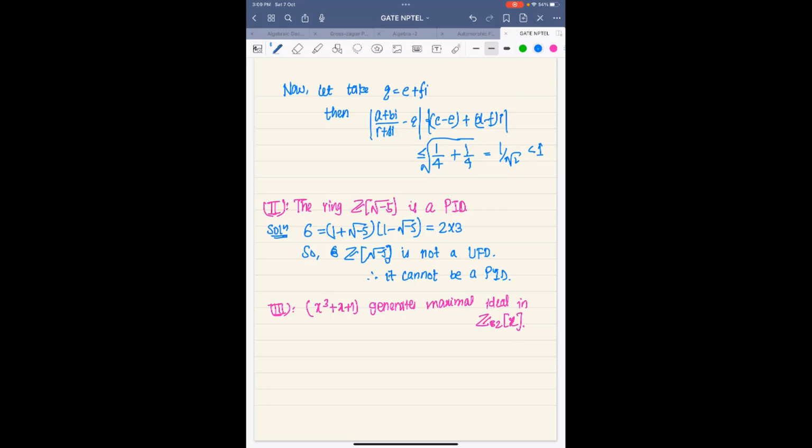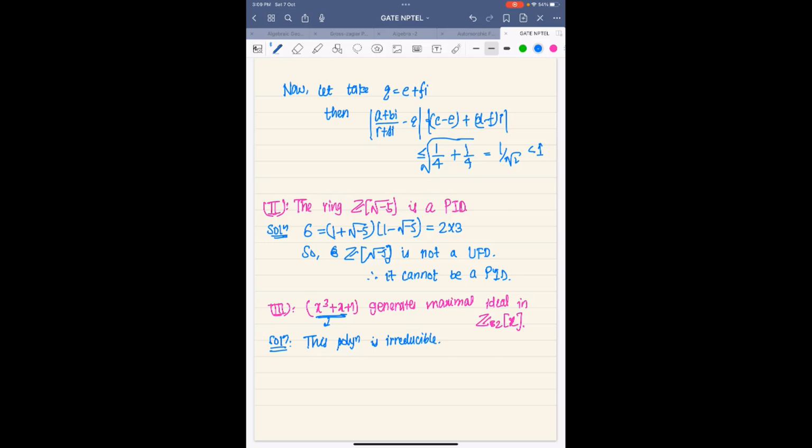First thing to see is that this is a cubic polynomial. I claim that this polynomial is irreducible.